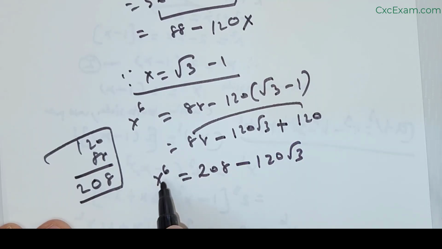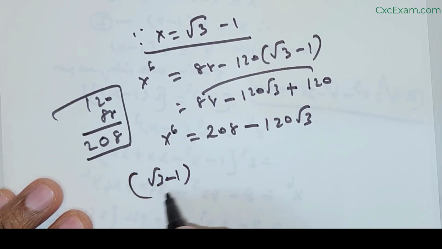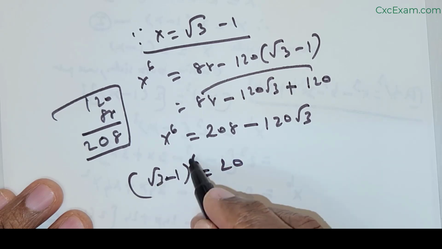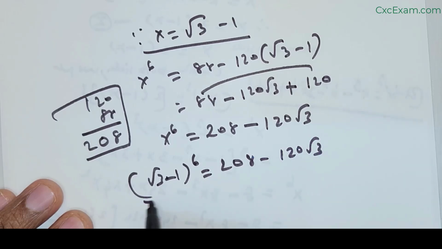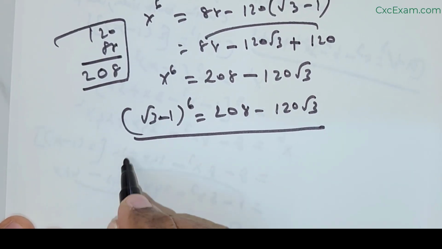Now what is x⁶? What is x actually? (√3 − 1) raised to the power of 6 is the value. So (√3 − 1)⁶ is 208 − 120√3. Now we have to go back to the original question. Now this is the original question.